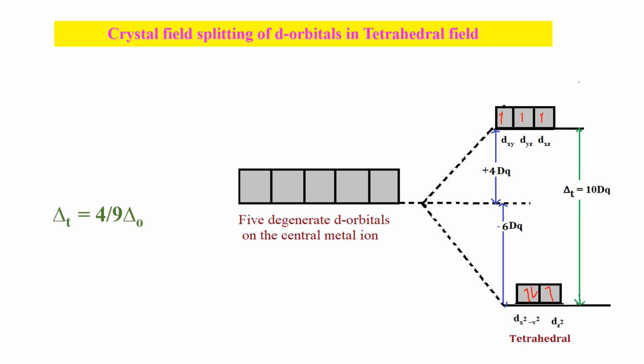So low spin complex formation is rarely observed. Tetrahedral complexes are always high spin complexes. By this, I conclude here.